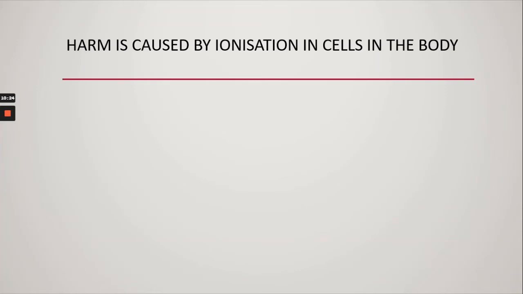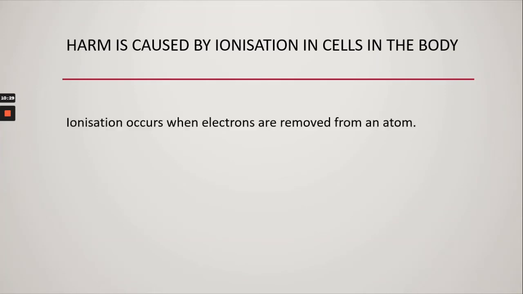The harm caused by radiation is caused by ionization in the cells in the body. Hopefully you remember that ions are charged particles, and ionization occurs when the electrons are removed from an atom. If you think about these radioactive particles, these alpha or beta particles or gamma rays being thrown out of atoms, they can then strip electrons from the matter that they pass through, leaving ions behind.